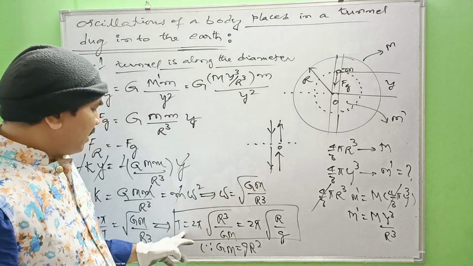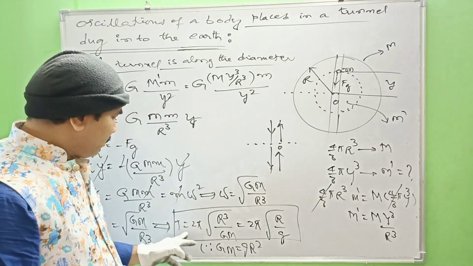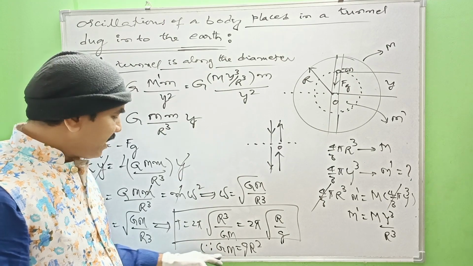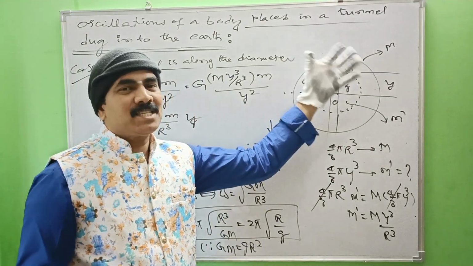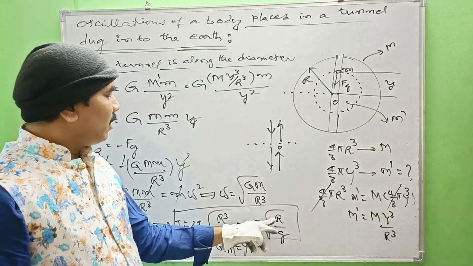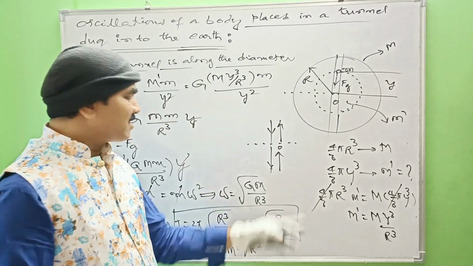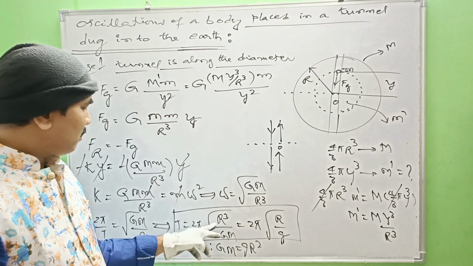So from this relation, the period of oscillation is independent of mass of the body. It is not a function of mass of the body, it simply depends upon radius of the earth as well as acceleration due to gravity on the surface, right?